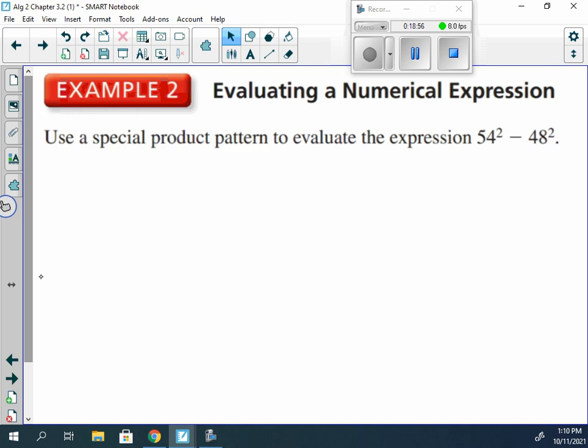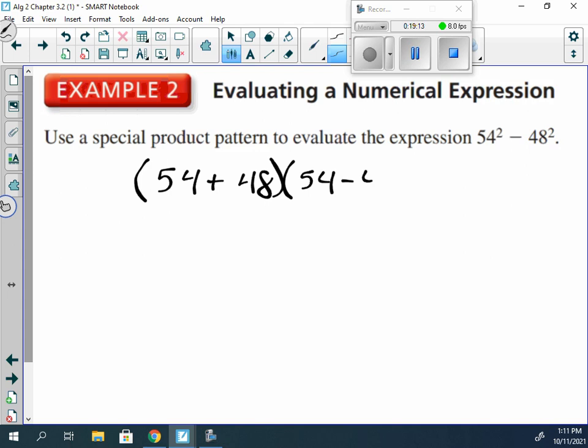It's 54 squared minus 48 squared. Now we want to use the special product pattern. So what we'd be saying is, well, we could rewrite this as 54 plus 48 times 54 minus 48. Well, we can add these two together, which would be 102.